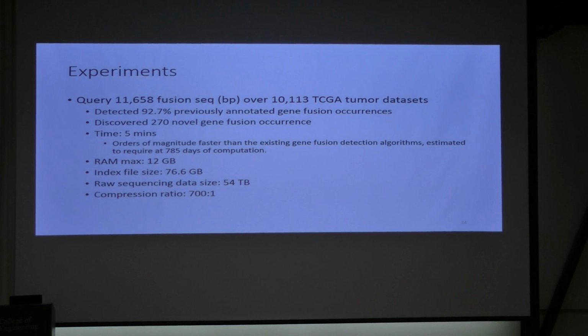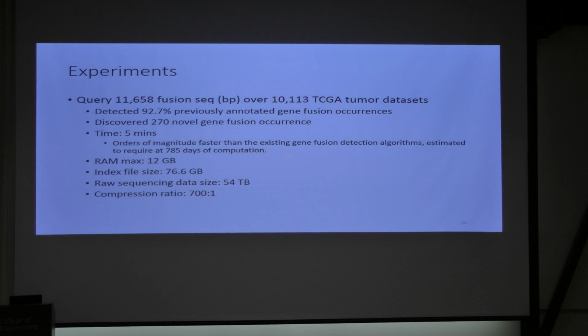So in our experiment, we queried around 10,000 fusion sequences over 10,000 TCGA tumor data sets, and we confirmed 92% of previously annotated gene fusions in one publication, and also we discovered around 270 novel gene fusion occurrences in all those data sets. It only takes 5 minutes to return the result, and it's orders of magnitude faster than the existing algorithms.